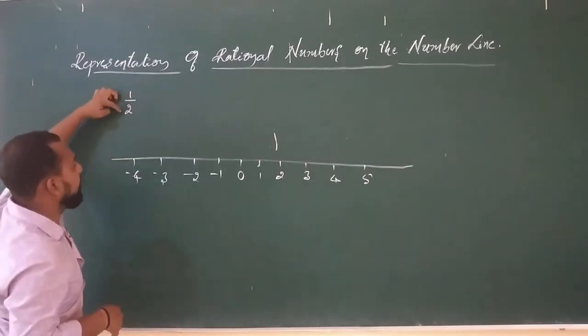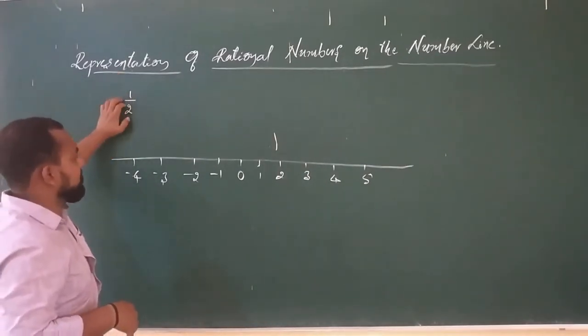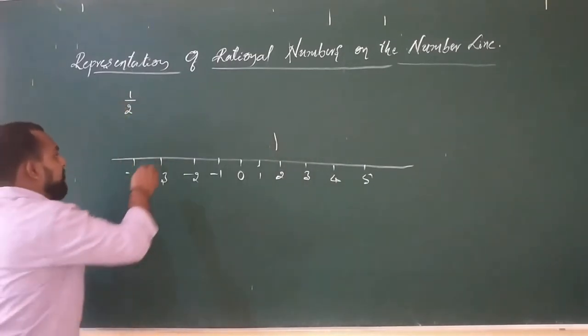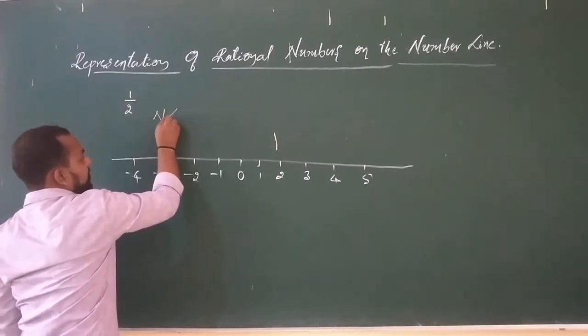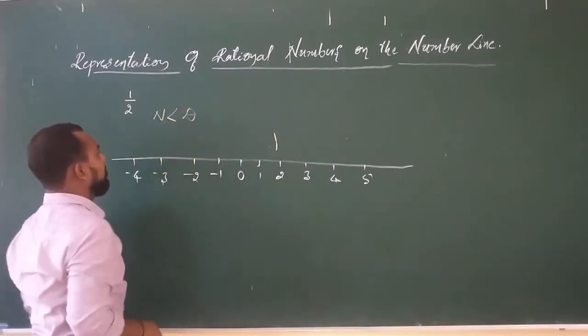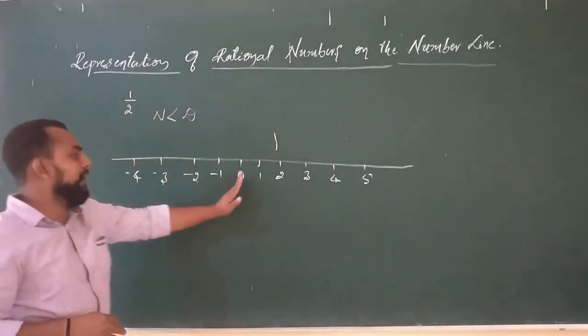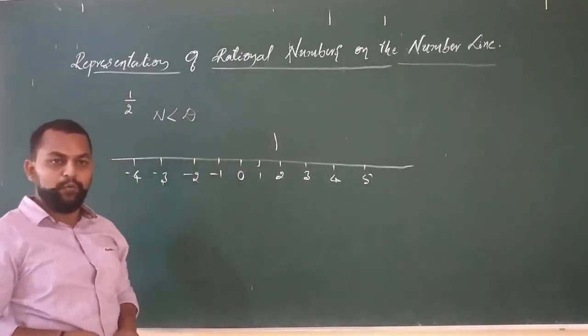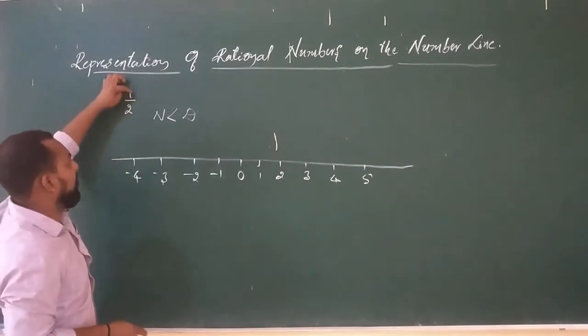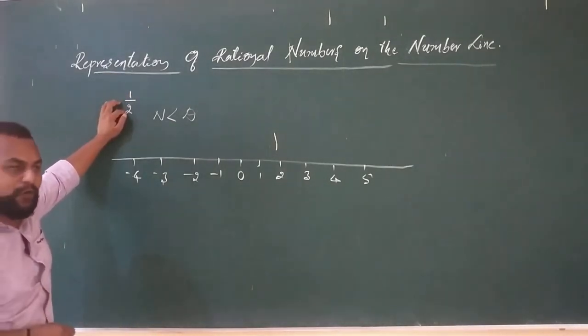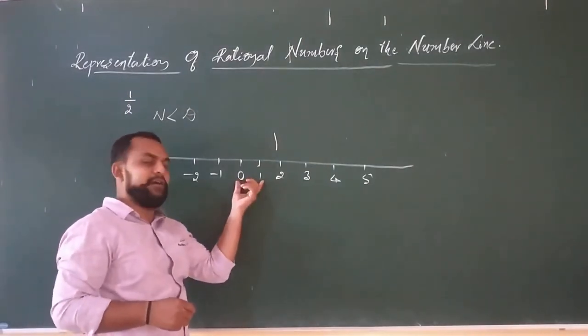Here in 1 by 2, the numerator is smaller than the denominator. When the numerator is smaller than the denominator, this rational number lies between 0 and 1. The decimal form of 1 by 2 is 0.5, which is half of 1.